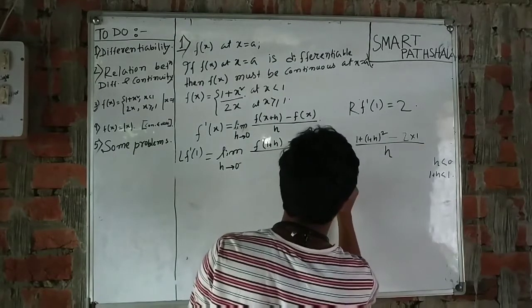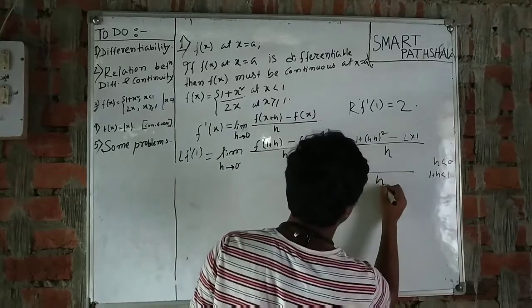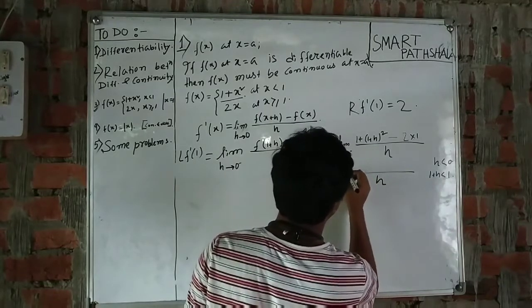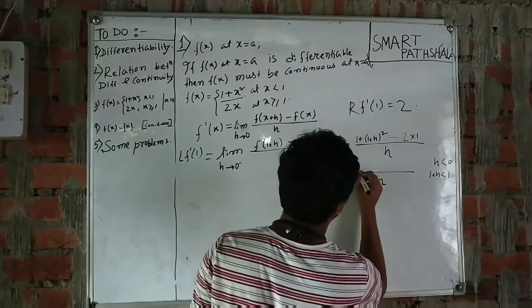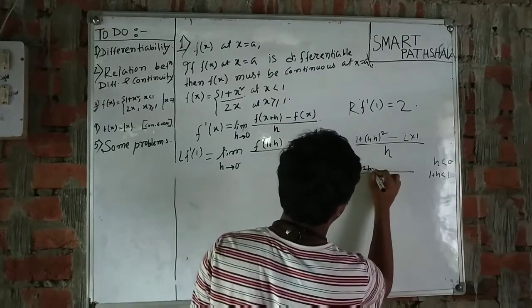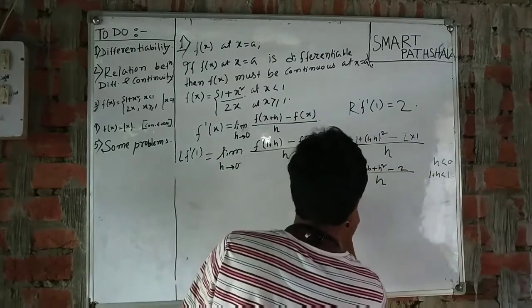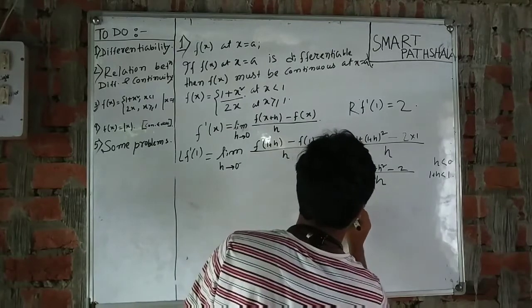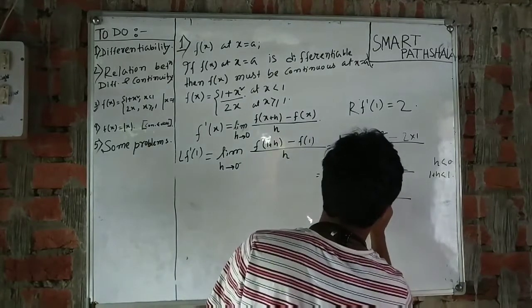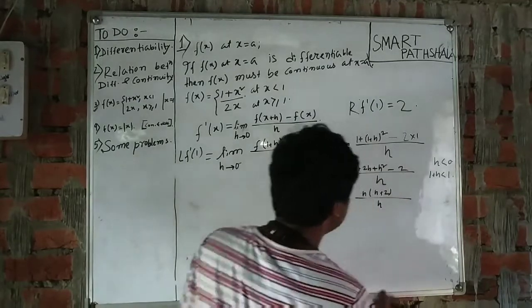Equal to limit h tends to 0 minus. Now if we expand this thing, what we will get is this thing.